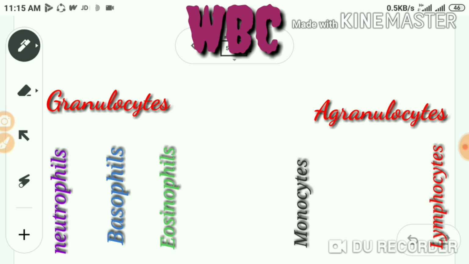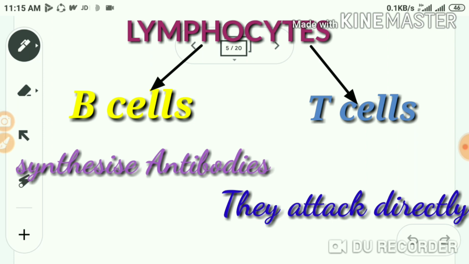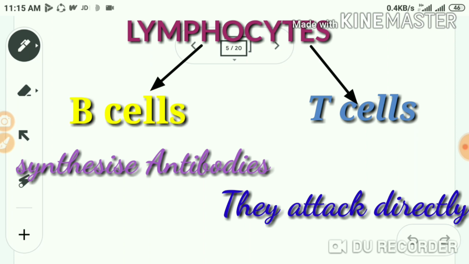Monocytes are spherical and bigger in size. Lymphocytes are also spherical but smaller when compared to monocytes. These lymphocytes are divided into two groups, B cells and T cells. What is the main function of B cells? B cells are responsible for the production of antibodies. Got it? T cells protect the host against pathogens. For example, if some pathogens enter our body, our body should resist, and for that the T cells play an important role.